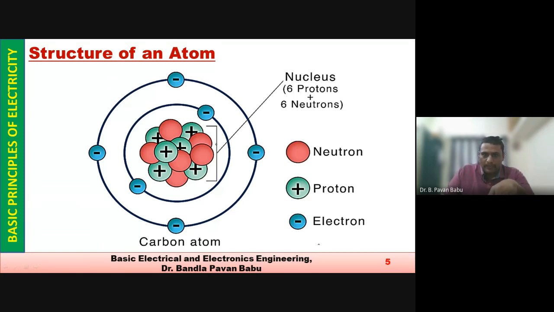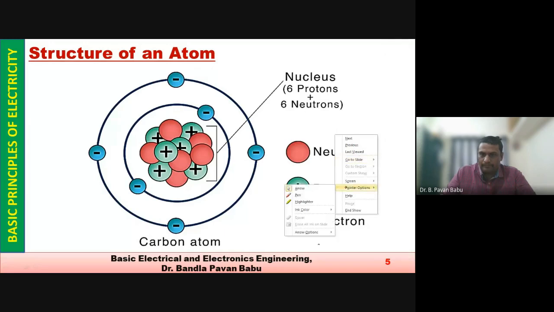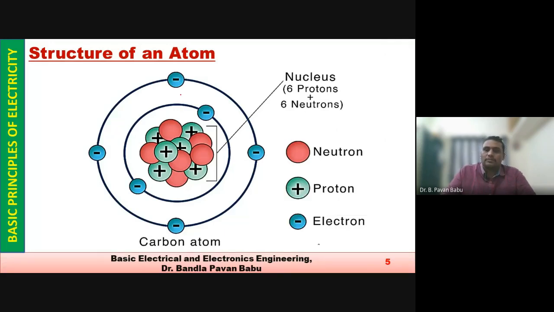It consists of neutrons, protons, and electrons. If someone asks what you mean by current, then this concept comes into the picture: that is the flow of electrons. I hope most of you know that, the flow of electrons.